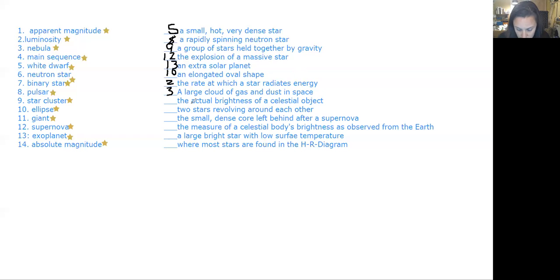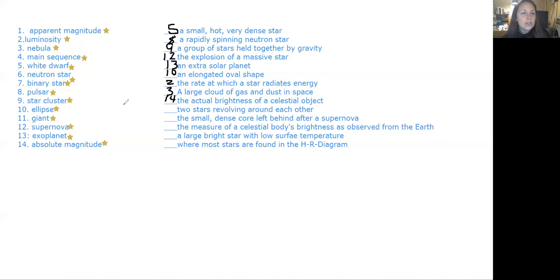So we are on the next one, which is to the far left, the actual brightness of a celestial object. So yes, we can see it with our eyes, but what is the actual brightness? How do we measure the actual brightness of a celestial object? This is the absolute magnitude. So number 14.